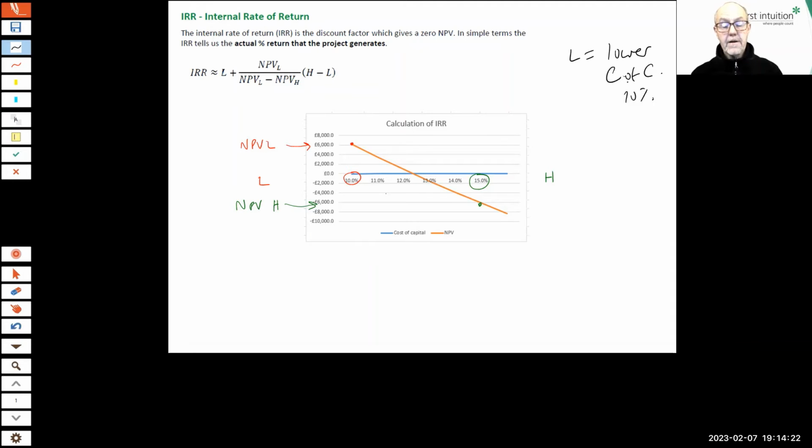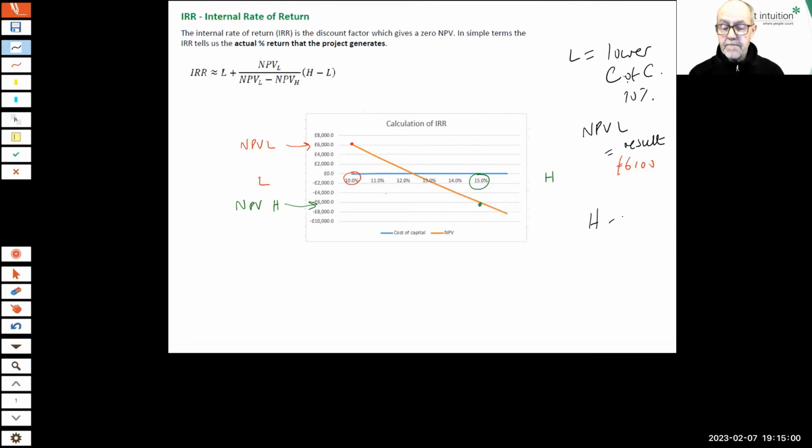So we've done the exercise that we did in the previous page of discounting all our future cash flows using a cost of capital of 10%. And NPVL is the resulting NPV. In this case, our NPVL has actually come out at about £6,100 in this particular example. It's a tiny bit over 6,100.